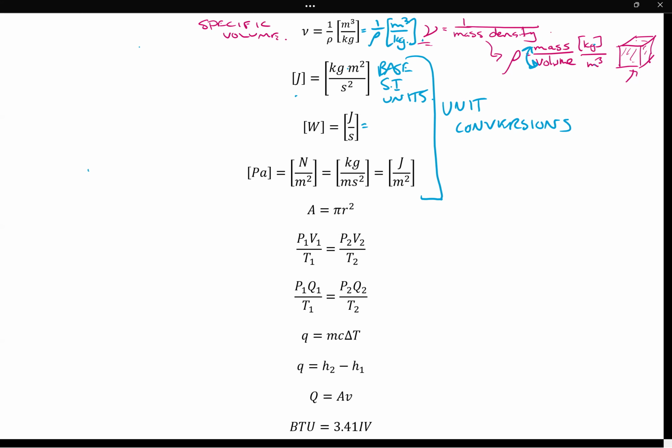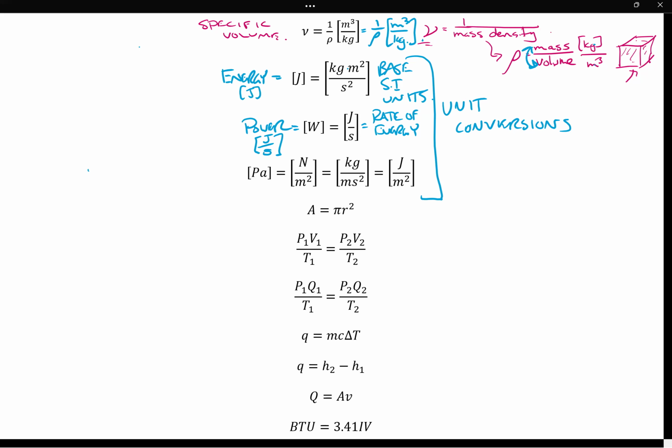So this is a rate of energy, and another word for a rate of energy is power. Any type of energy is measured in joules. That's calorific energy, thermal energy, work energy, potential energy, kinetic energy, etc. All energy is measured in joules, and all power is the measure of joules over time, usually in seconds.